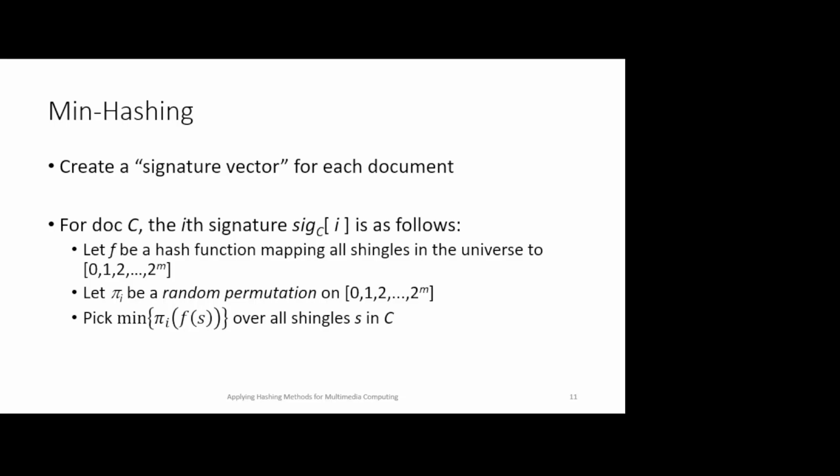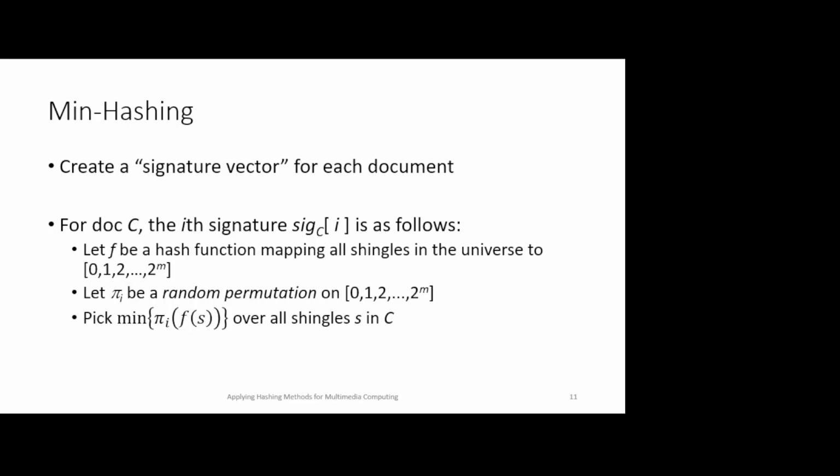Second, we use another random permutation function called pi. The pi will permute all these shingle numbers, your IDs. We map them again to the same universe, but they are randomly permuted. Then at the third step, we pick the minimum one.